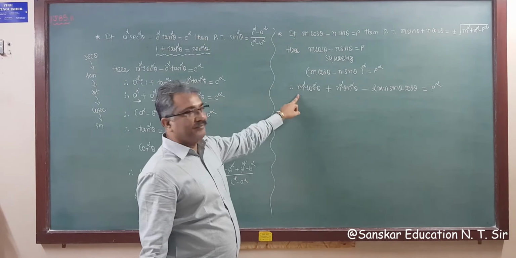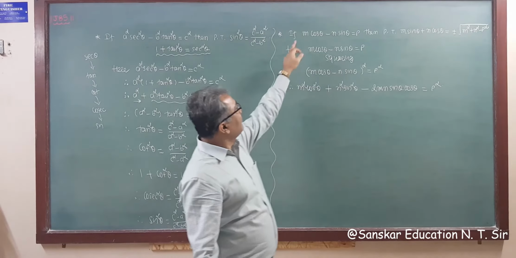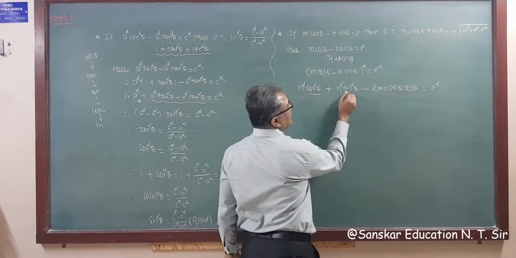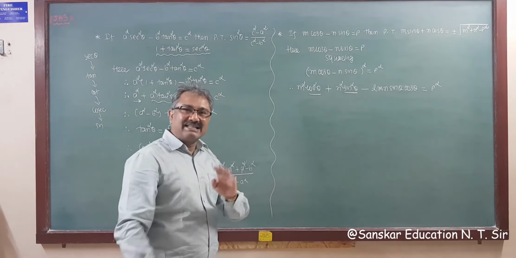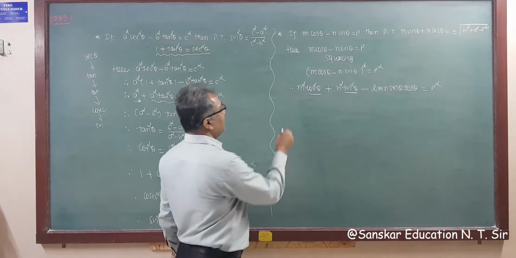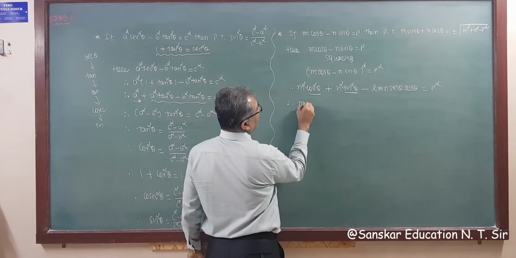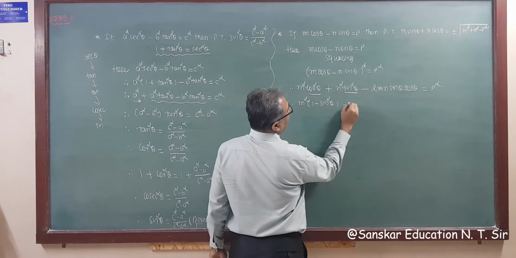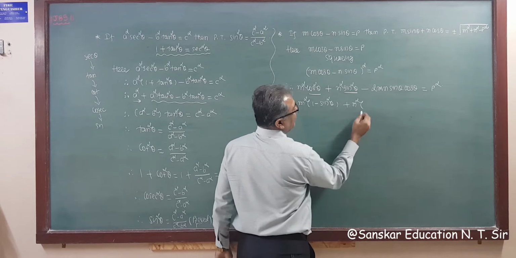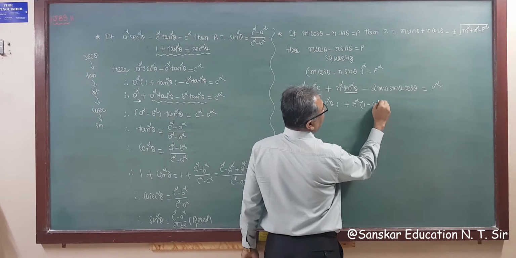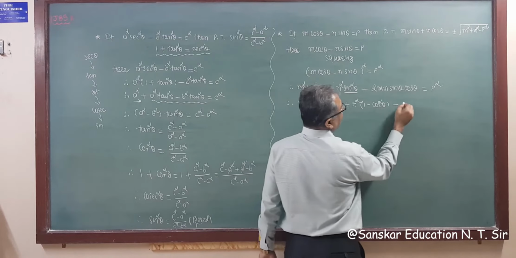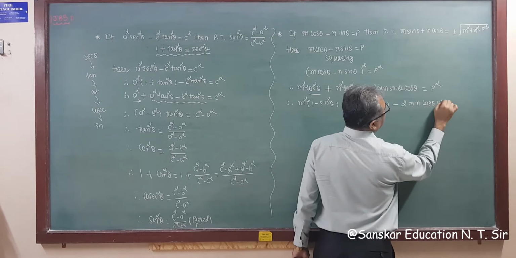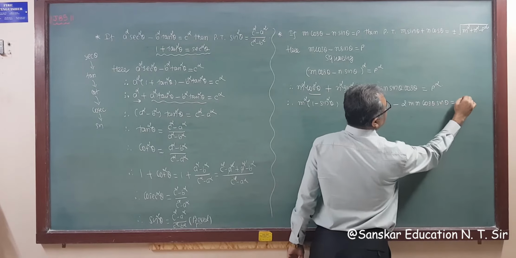Now with m, what do we require? With m we require sine. So changing cos into sine and sine into cos, interchanging sine and cos. So cos square theta is 1 minus sin square theta, and sin square theta is 1 minus cos square theta, and minus 2 times mn cos theta sin theta as it is, and the answer is p square.